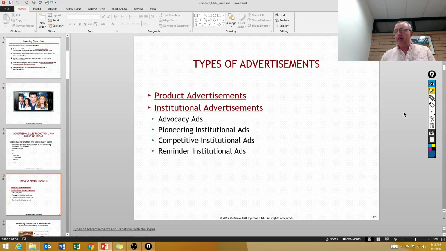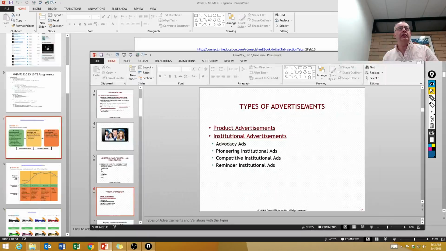So I've got a couple of slides from Chapter 16 that I'm going to use to help us organize the content in Chapter 17. I'm going to go to this slide from Chapter 16, because it provides a bit of context.